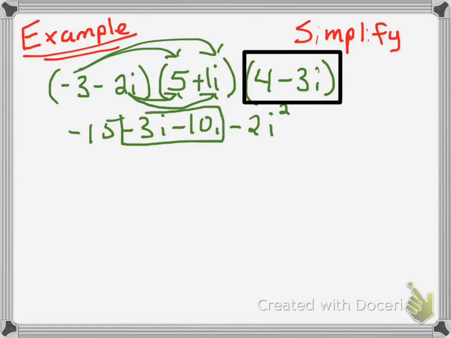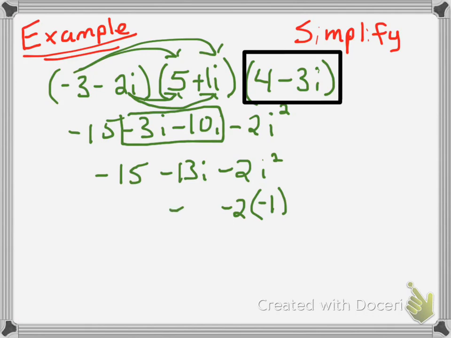Negative 3i minus 10i is negative 13i. Okay. Bring everything else down. Bring the negative 15 down. Now what I can do is plug in for i squared negative 1. So you got negative 2, parentheses, negative 1. So i squared equals negative 1.